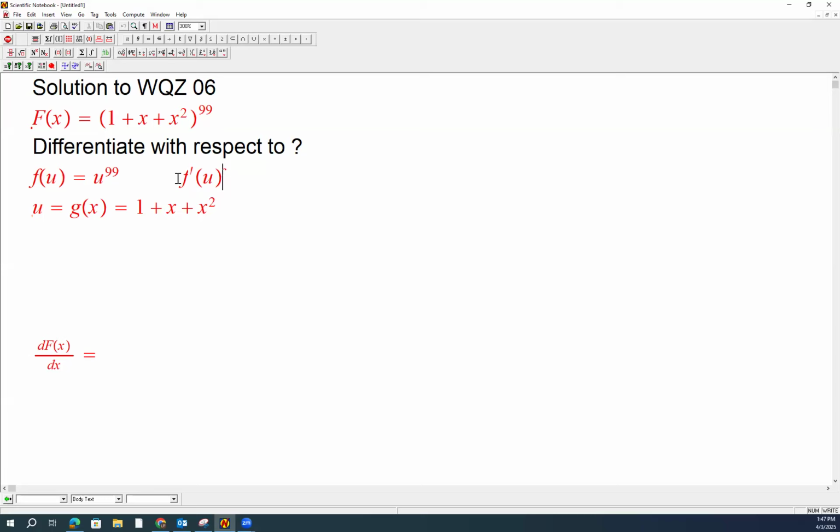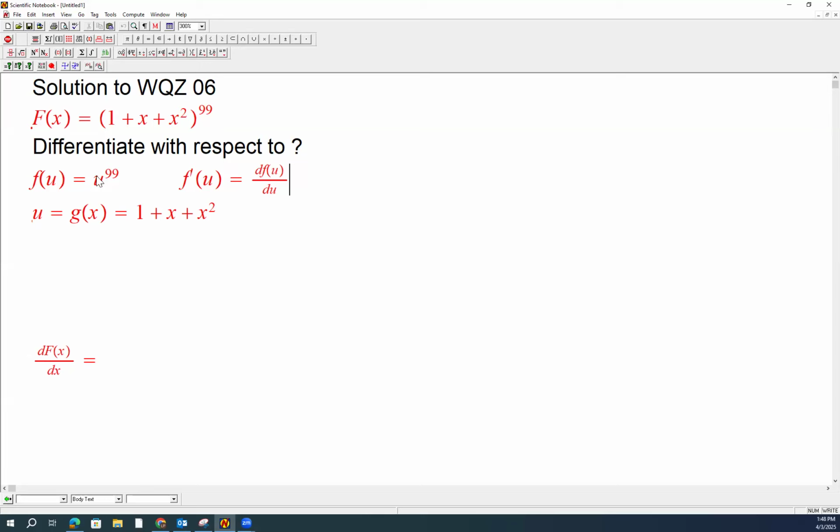For better notation, this will be differentiating f of u with respect to u, for clarity.